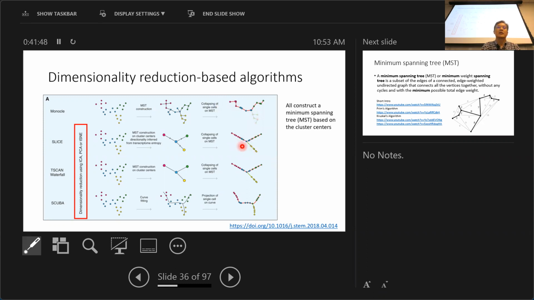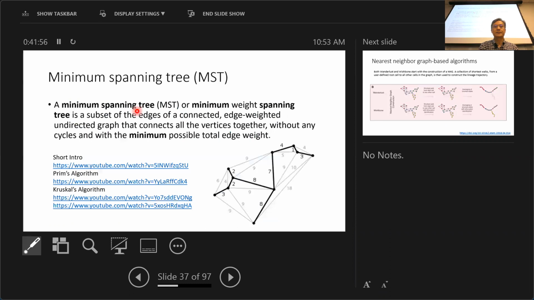Okay, since they all use MST, what is the minimum spanning tree? This algorithm is a graph algorithm. If you give it the distribution of your data points, it can create a graph, and on the graph you can follow the paths.